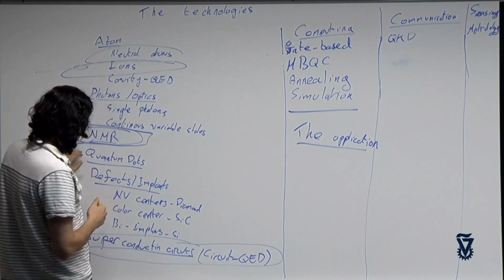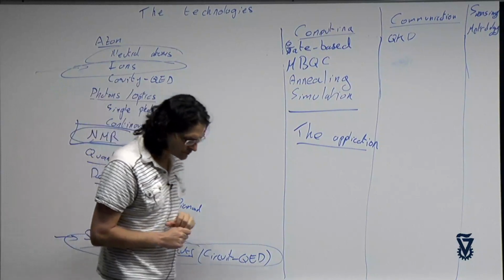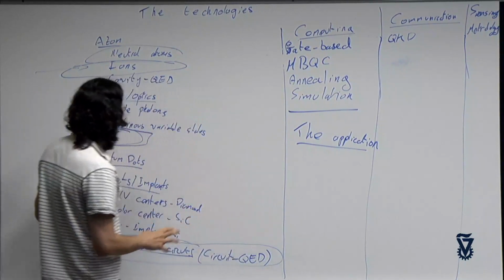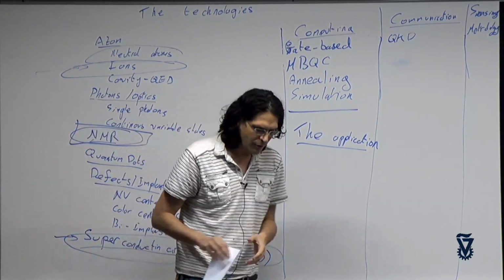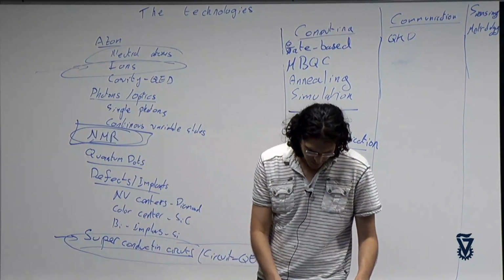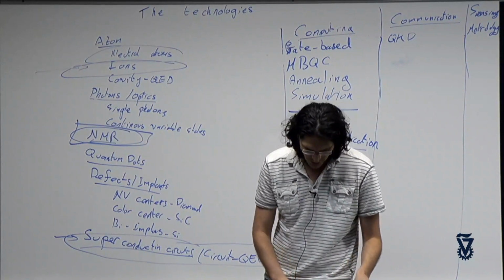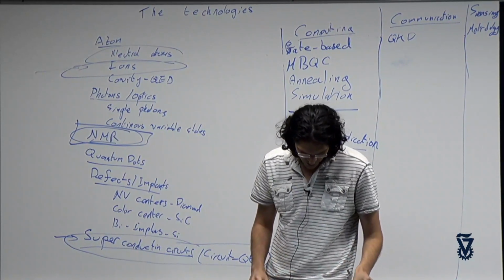And maybe quantum dots, I don't know. But this is why I made these choices and the focuses for this course, okay? So this is what we're going to be focusing on in the course.